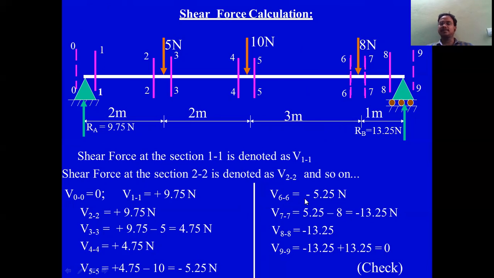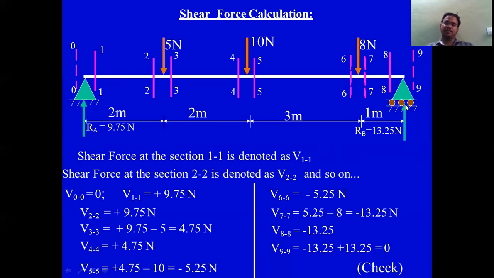Then at the next sections, minus 5.25, and the difference between these two will be added up, giving plus 13.25 minus 13.25, and this is plus already.